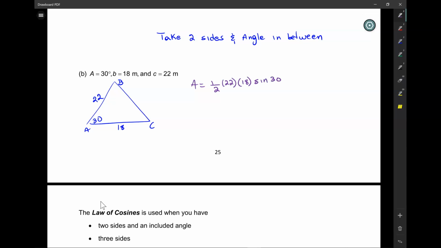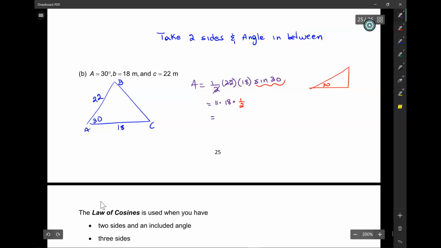Okay, now check this out. It's half of these numbers. So I can cancel half with the 22 and get what? 11 times 18 times, hey guys, what's sine of 30? Do I need a calculator for that one even? What's sine of 30? It's pi over 6, but what's sine of pi over 6? That's very good. 1/2.